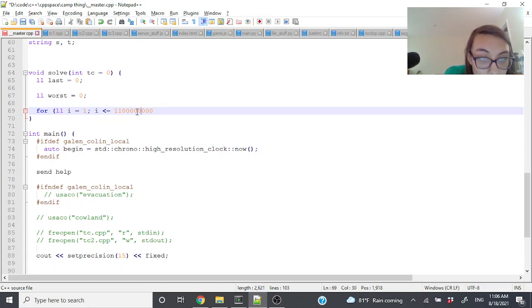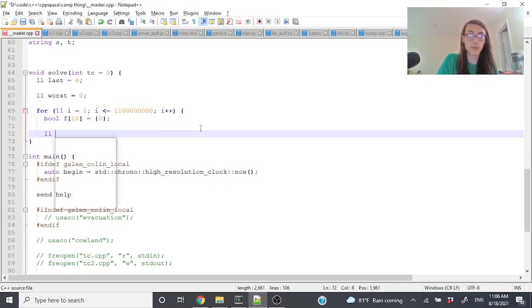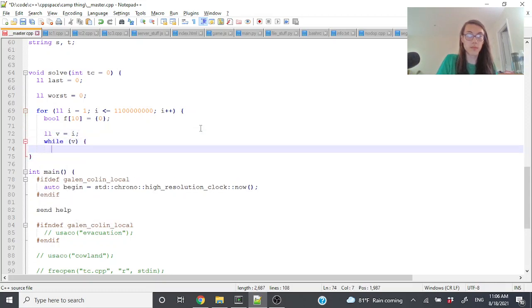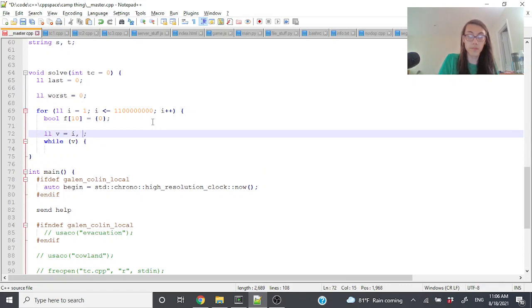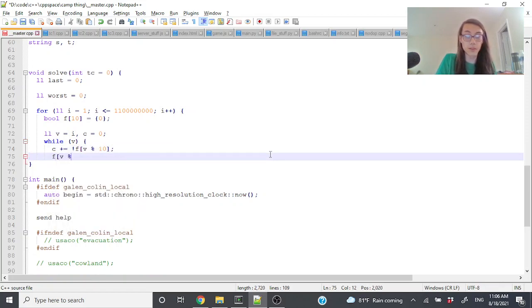Okay, yeah, 1.1 billion. c plus c equals not fv mod 10. fv mod 10 is equal to 1.